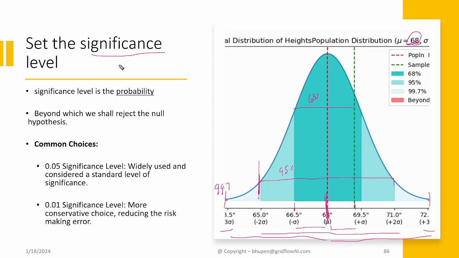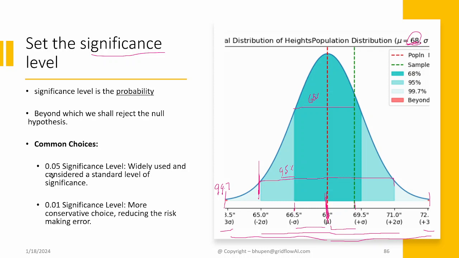And this actually depends on what kind of test we're doing, what domain it is, and how critical the test is. Typically for enterprise data like numeric data, banking, finance, and retail, we take about 95% as the level of significance. That means we are 95% confident that our sample mean or the population mean is true.